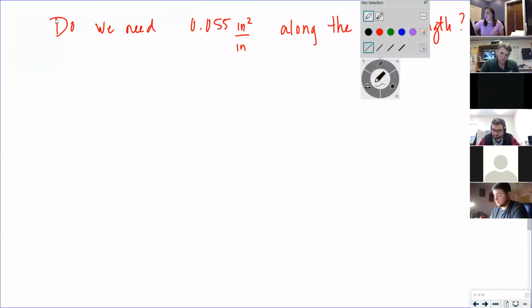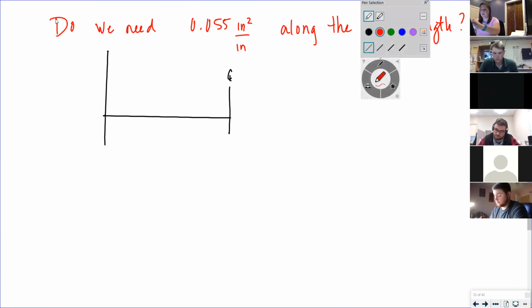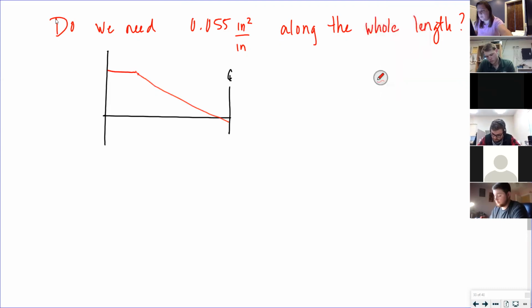Because if I look at half of my shear diagram, I only need that right at the critical section, and then my shear needs decrease as I go towards the center of my beam.